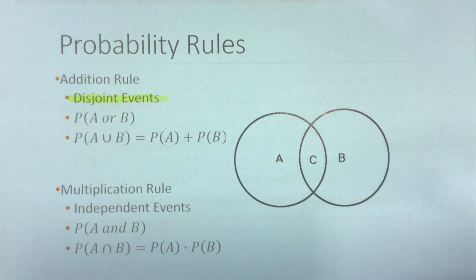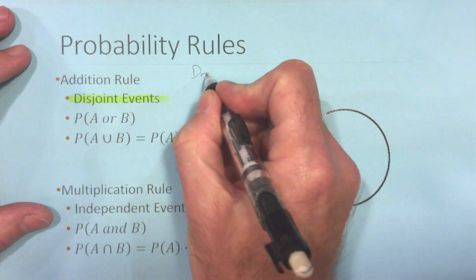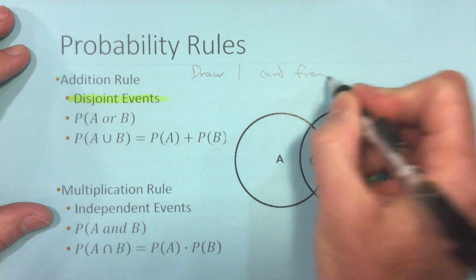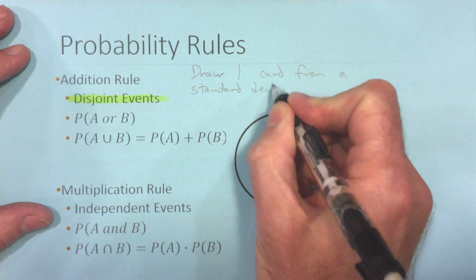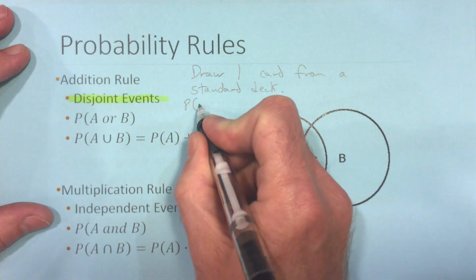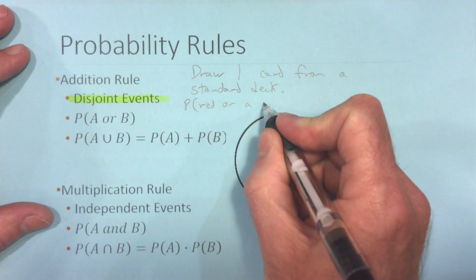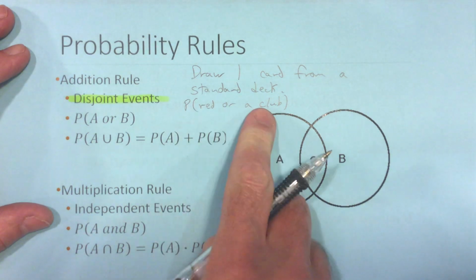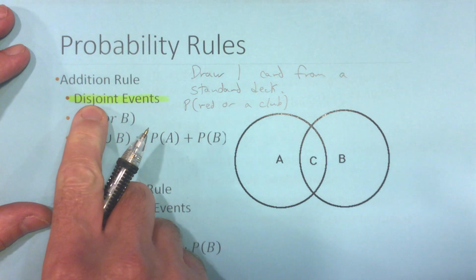For example, we did drawing a card from a deck last time. Draw one card from a standard deck. What's the probability it is red or a club? Are there any red clubs? No. So these are disjoint events.